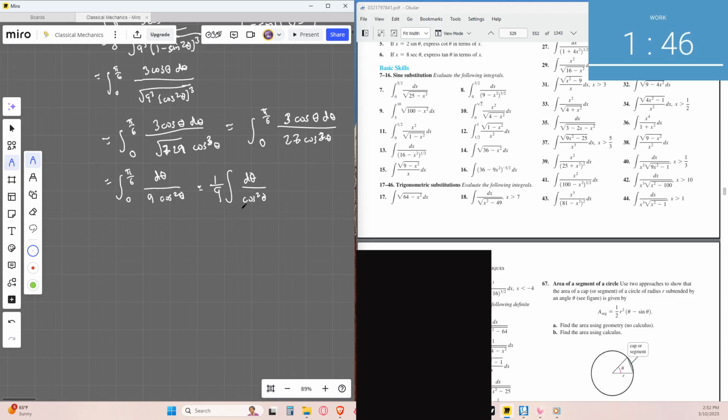There must be something I'm not thinking of. Because if I split it to sine, 1 minus sine, that doesn't do that much.